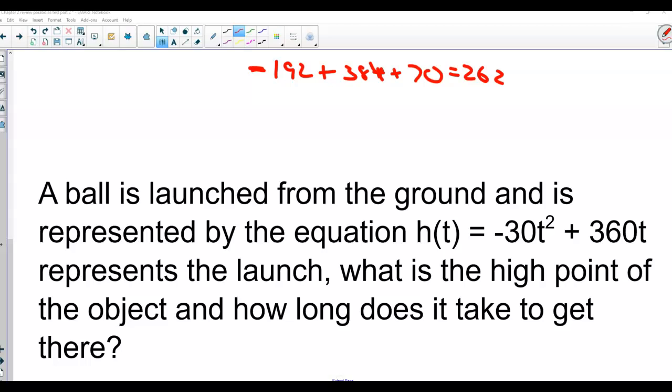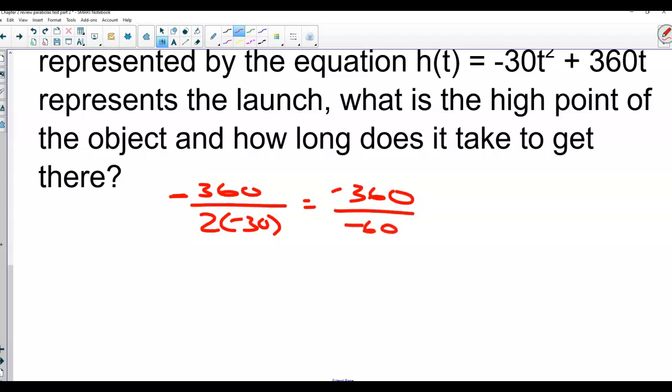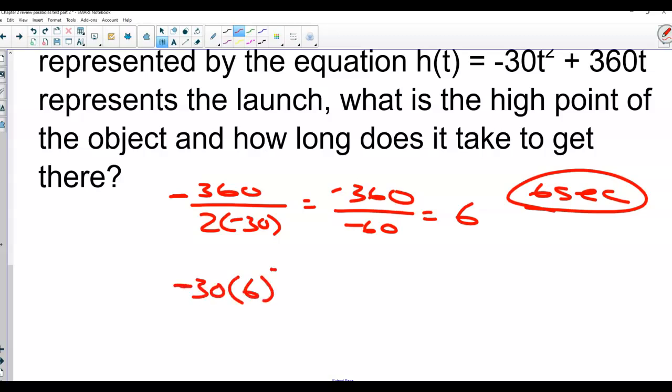Our second one, same deal. We just find the vertex. There's no C term there. Doesn't matter. Negative 360 over 2 times negative 30. Negative 360 over negative 60. That means it takes 6 seconds to get there. And then I plug that in. Negative 30 times 6 squared plus 360 times 6. I cannot stress this enough.